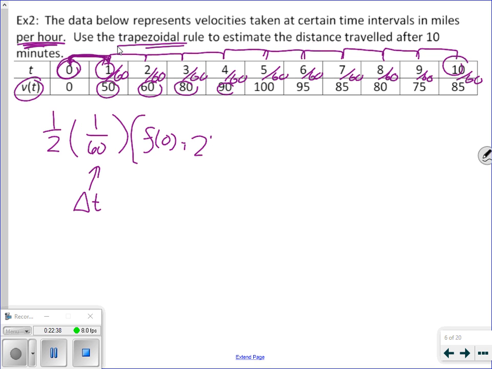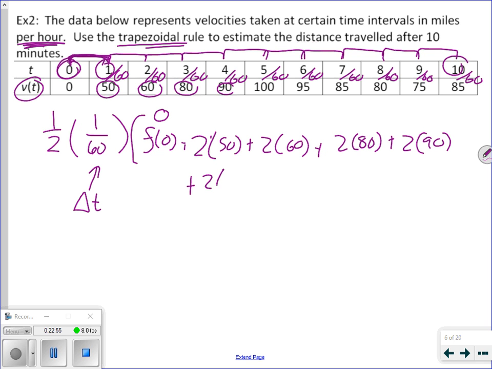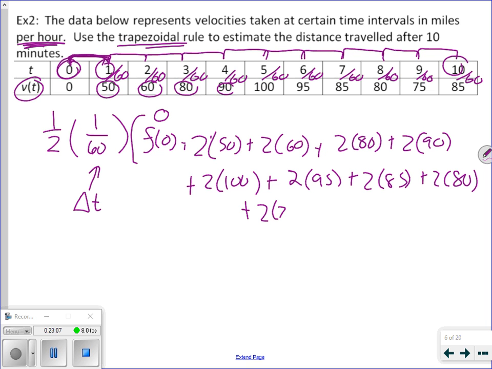So what I have here is f of 0 is 0 plus 2 times 50 plus 2 times 60 plus 2 times 80 plus 2 times 90 plus 2 times 100 plus 2 times 95, 2 times 85, 2 times 80, 2 times 75, and then only 1 of the very last value, because we only have one trapezoid that uses that.